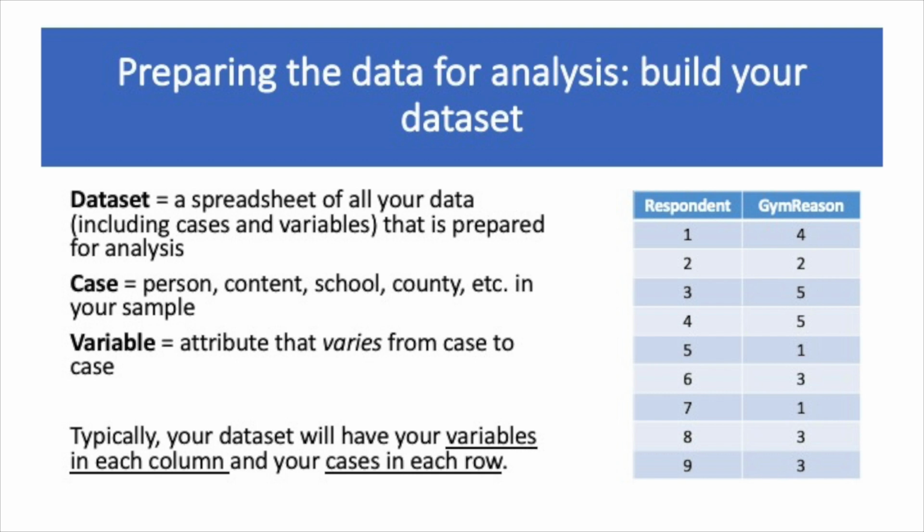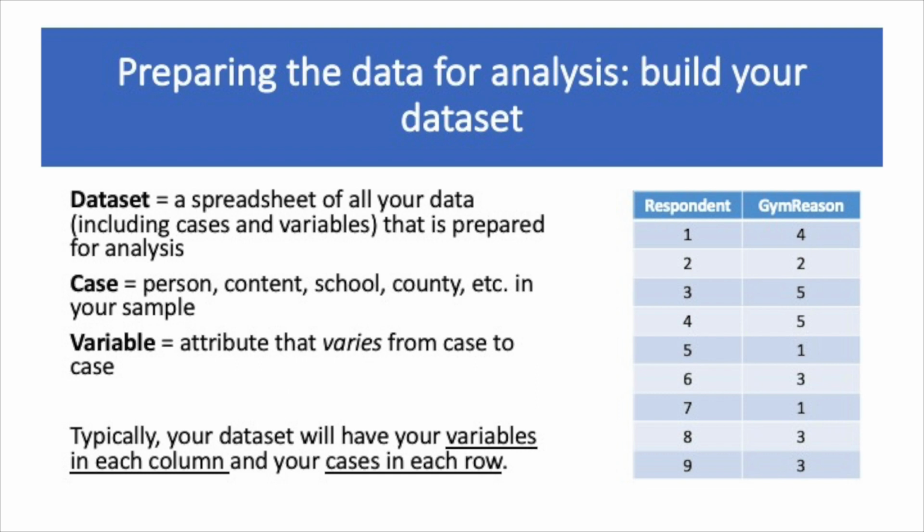Let's return to that example from the previous slide. I had coded that item about reasons for going to the gym. Now, if I were to prepare my data set and put this all into a spreadsheet, maybe it would look something like this. On the right side of the slide, you see one column for respondent and one column for what I call gym reason.